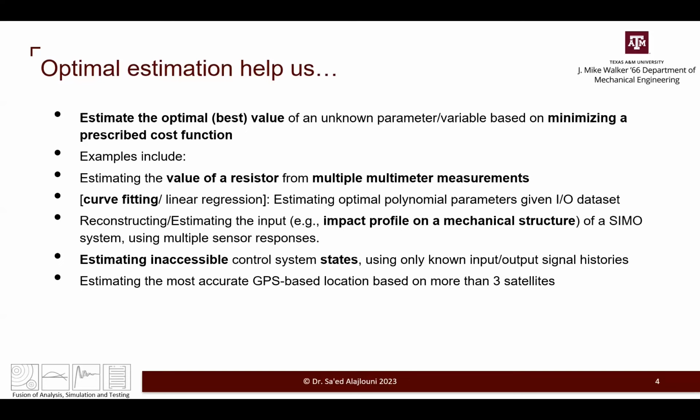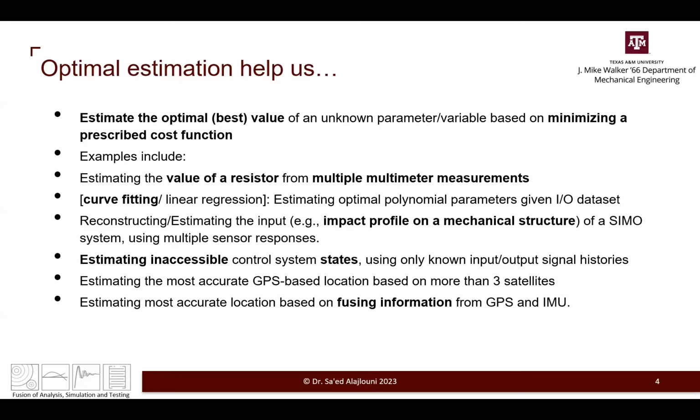Estimating location based on 3 or more GPS satellites. Also, one important use of the Kalman filter is to fuse information from different sources. So, for example, our phones have something called an inertial measurement unit, or IMU, and they also have a GPS receiver.